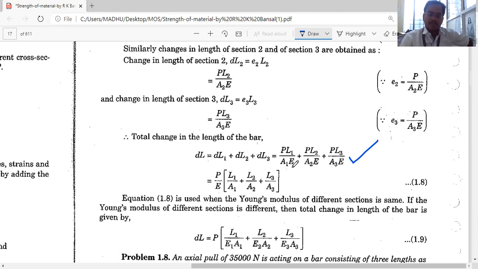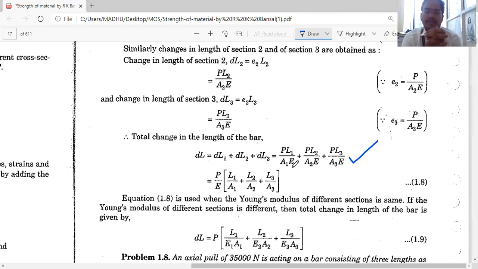Also, suppose we have different materials for the stepped bar, section 1 is a different material, section 2 is different. So there is no similarity in Young's modulus. If Young's moduli are different, the materials are distinguished.